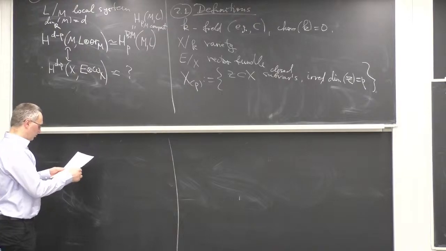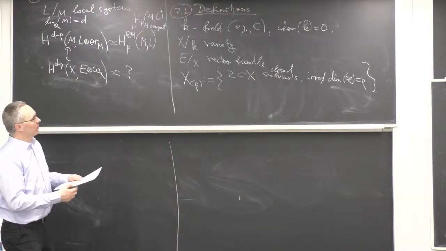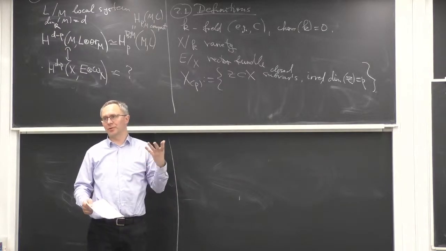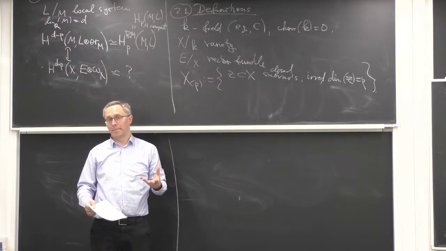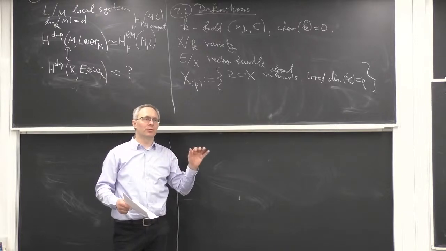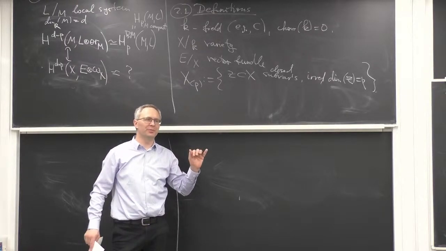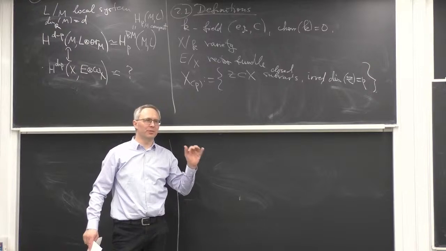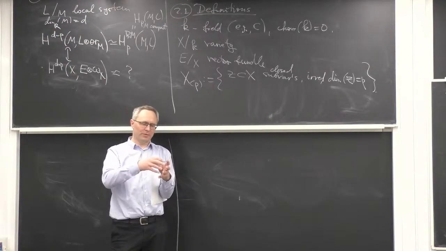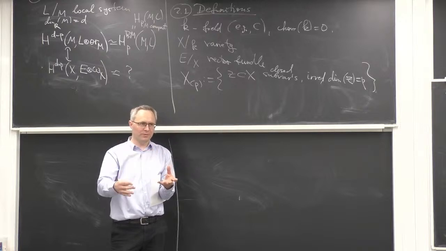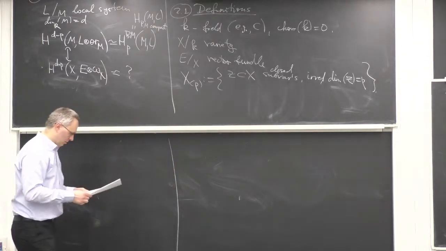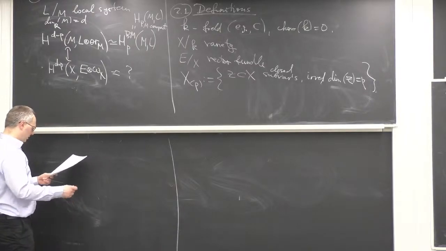Now, for each Z, I want to put some orientation in the above sense. Orientation, as you remember, was some top forms with logarithmic singularities or poles in a vector bundle. But I only defined what logarithmic singularities are when we have a smooth variety and a smooth divisor on it. Now it's time to define what they are in general. And so it's natural to consider things like that.